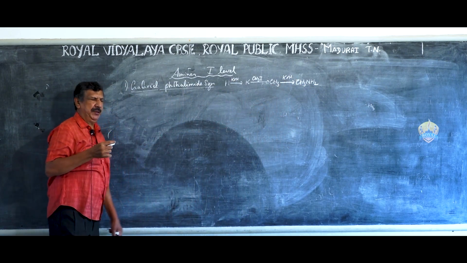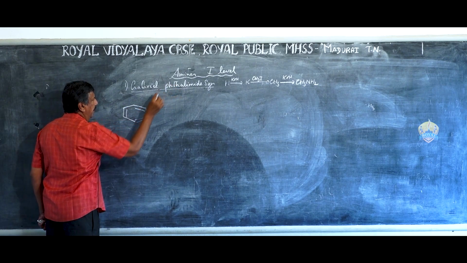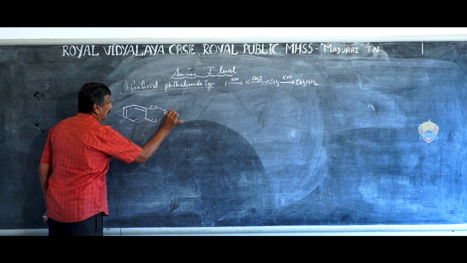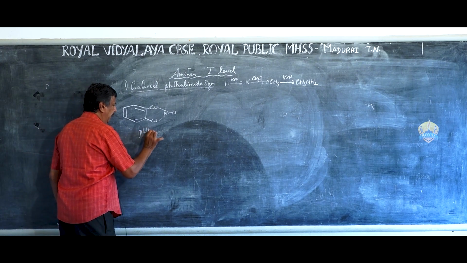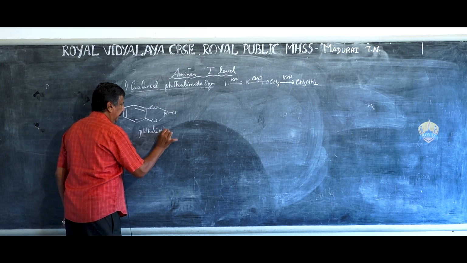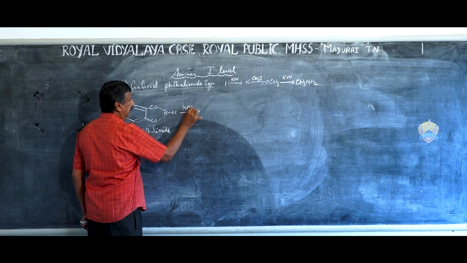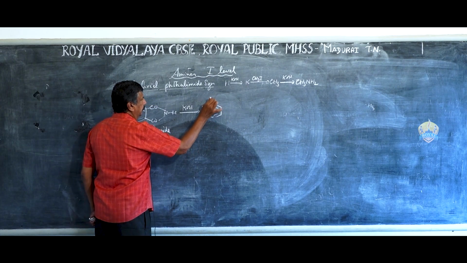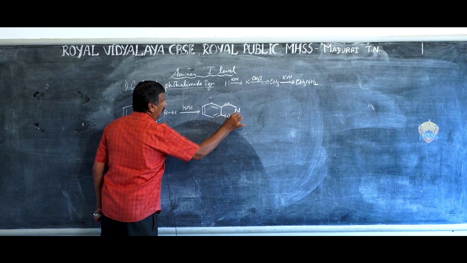Now I will write the equation. See, this is phthalimide, this name, phthalimide. You should start with phthalimide. Then, first I told you, you treat with KOH. Then what will you expect?